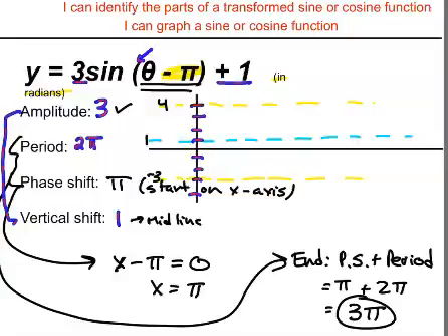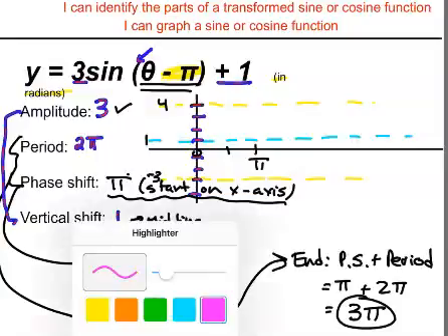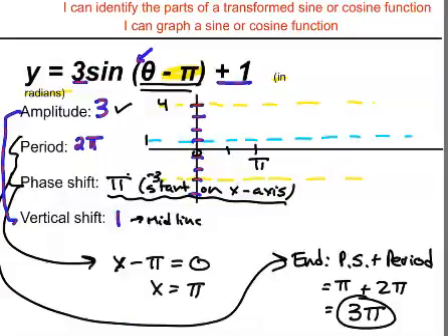Okay, so that's the up-down part. Now we're going to take care of the period and phase shift, which is left-right. This is where I'm going to start on the x-axis. I'm not going to start at 0. I'm going to start at pi. This is the start, and this is the end.